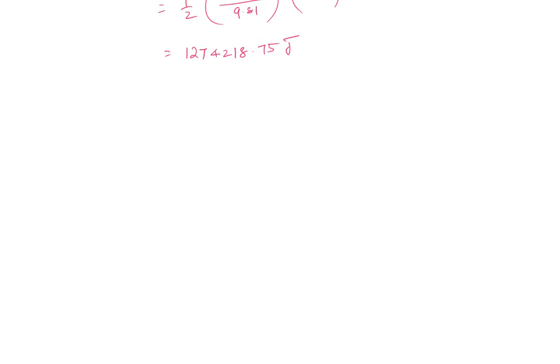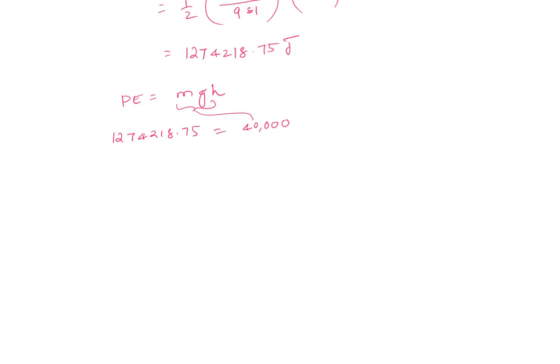So here it is, mgh. Okay, so here we have 1,274,218.75 equals the mass again. Instead of converting to mass and then multiplying by 9.8 again, I'm going to take a shortcut. mg I know is 40,000, right?